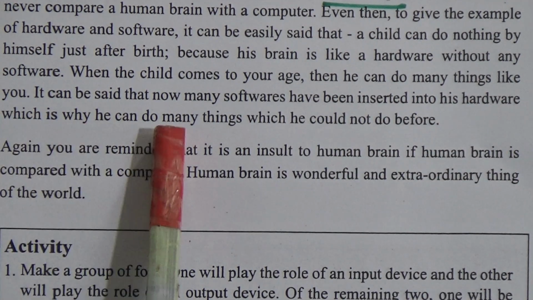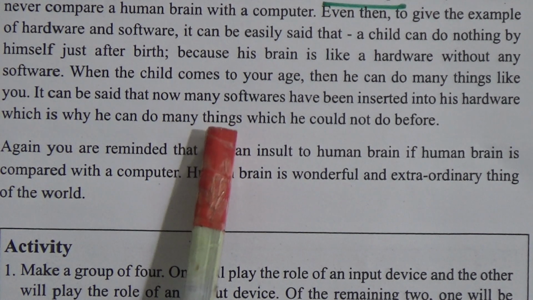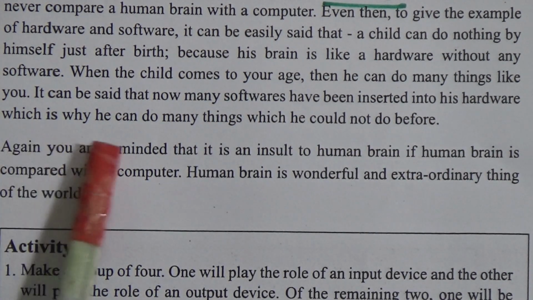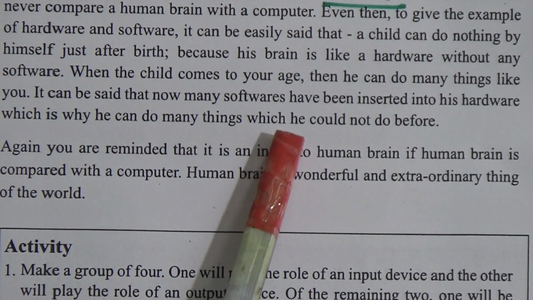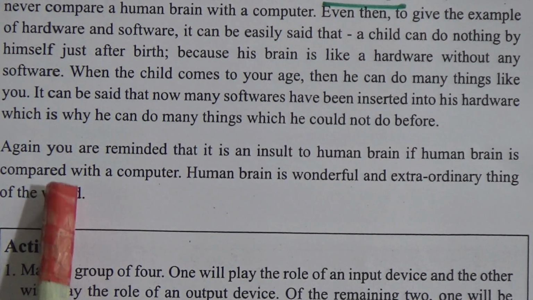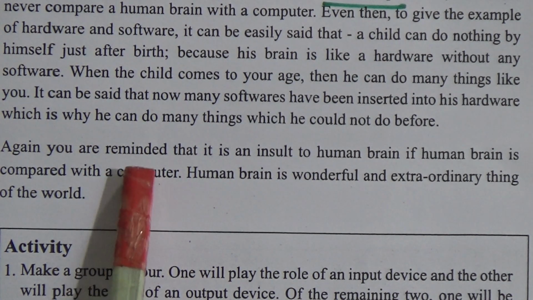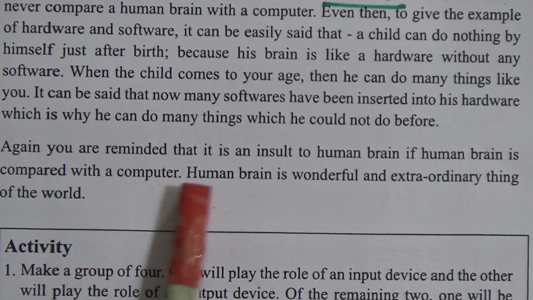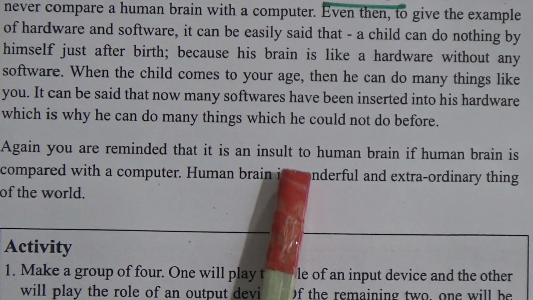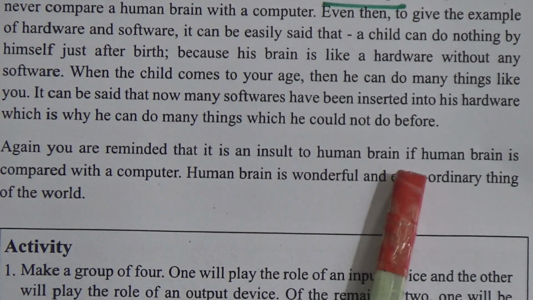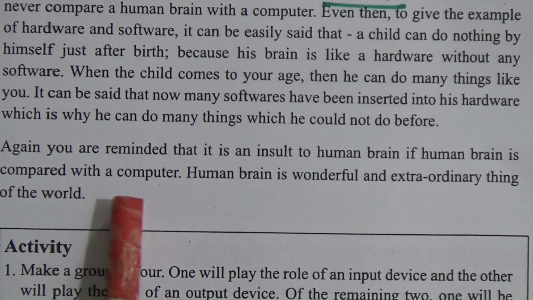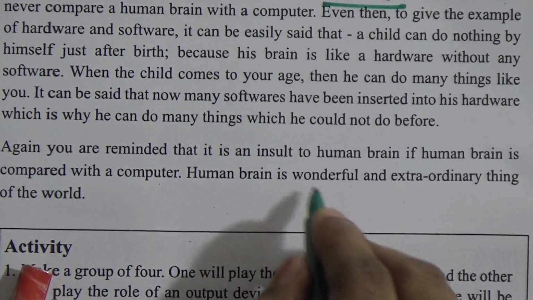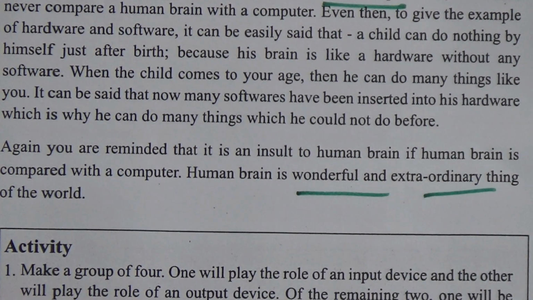So it can be said that now many software have been inserted into his hardware, which is why he can do many things which he could not do before. Again, you were reminded, remind means recall, remembering something, that it is an insult to human brain if human brain is compared with a computer. So human brain is a wonderful and extraordinary thing of the world.